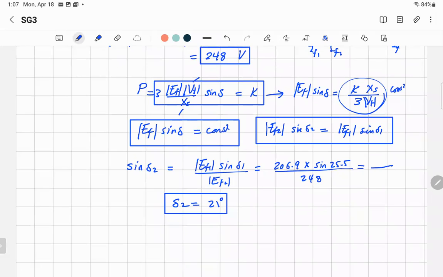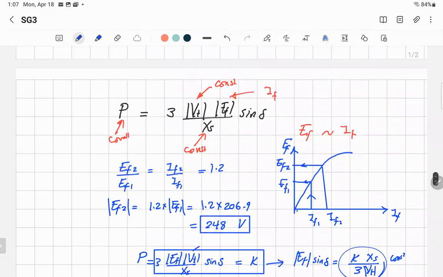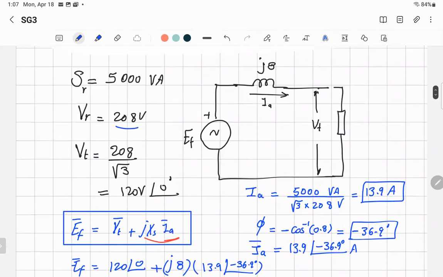So if you keep the power constant, the only thing you are changing is the magnitude of EF; EF sine delta always will be constant. But the question is, find the current. So why did you do all that? Simply because, when you have the equivalent circuit, how do you find the current? You know the equation here, EF equals V terminal plus J XS IA, right?